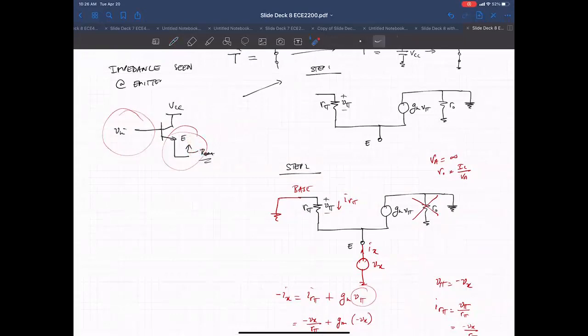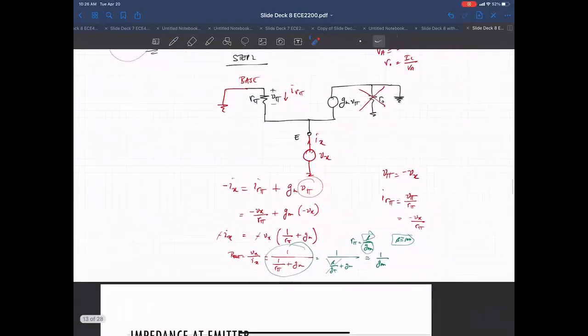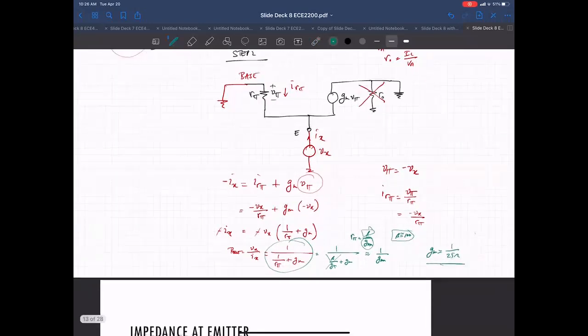The nice thing about looking at the emitter output resistance is that this is typically 1 over G sub m. The G sub m's that we were looking at were, I think, like 1 over 25 ohms. So if R out is 1 over G sub m, R out is equal to 25 ohms, which is a pretty low resistance.